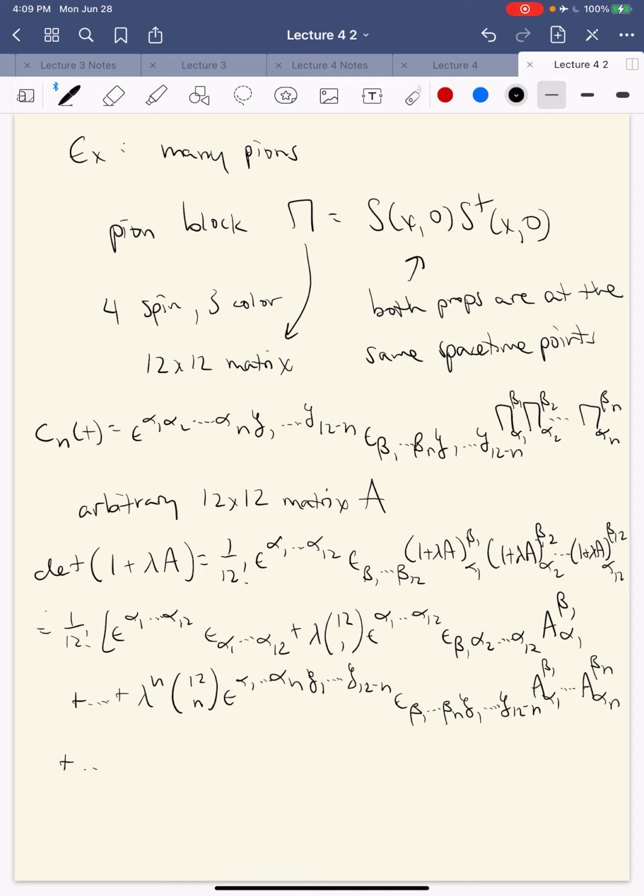Okay, and then we have the last term, lambda to the 12th. 12 choose 12 is 1. And here we have all 12 alpha and beta indices contracted with A matrices.